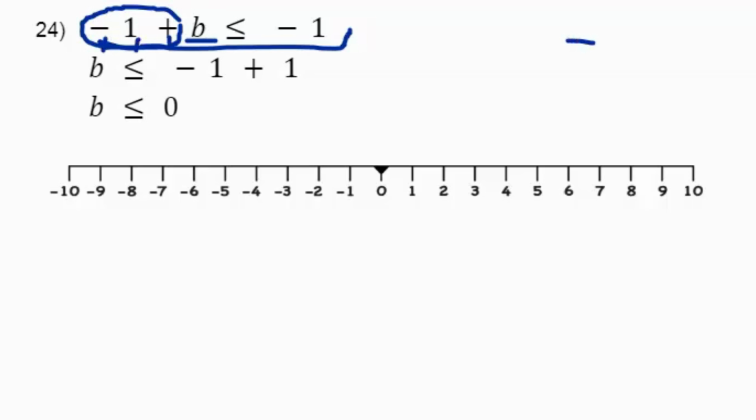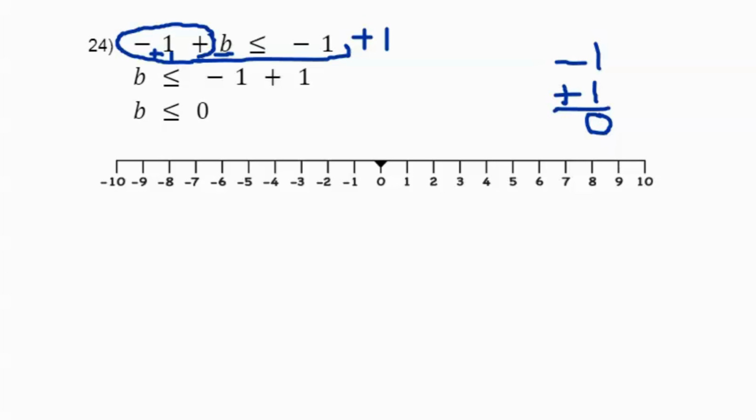So negative 1 plus 1 is going to give us 0. So whatever we do on the left, we also do on the right. So here we're going to add plus 1. So no matter whichever way we go, it's going to give us 0.